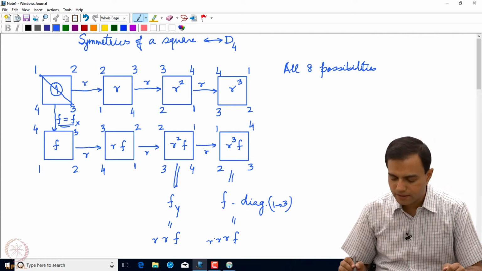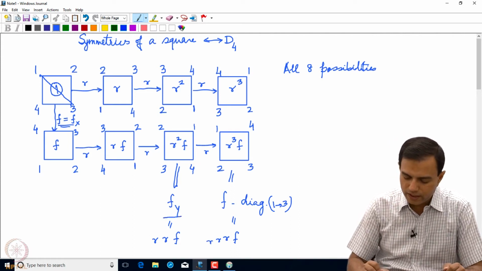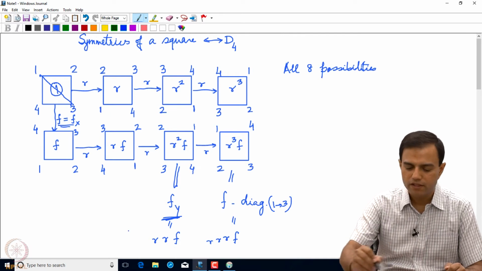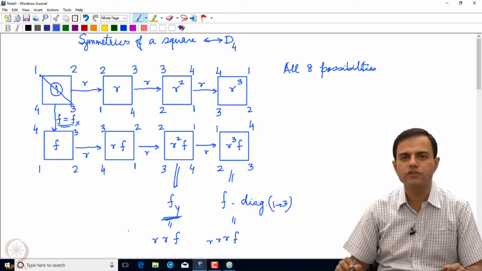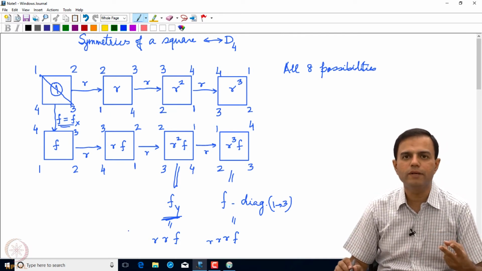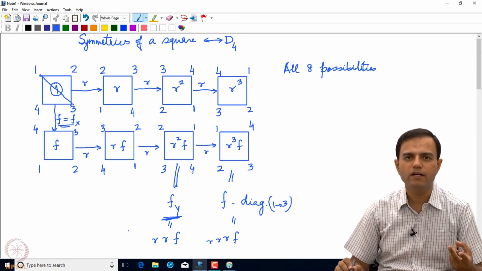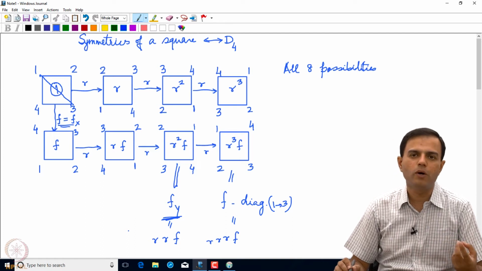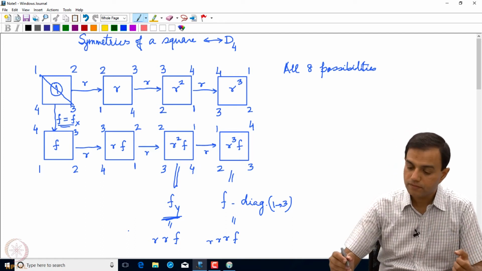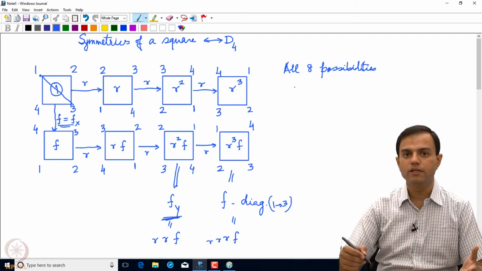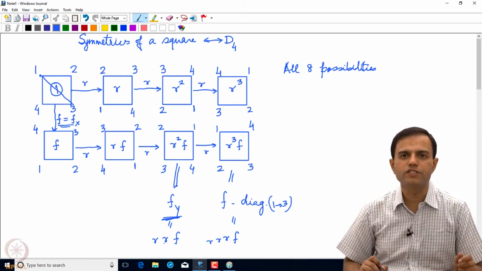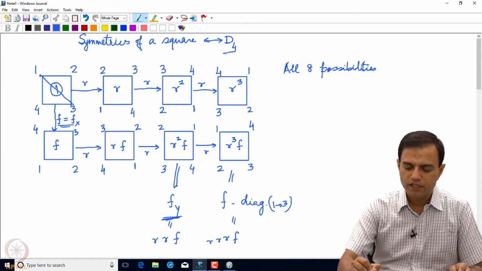So in that sense, you can obtain Fy from r and f. In fact, all these 8 elements are generated by just 2 elements, f and r: rotation by 90 degrees in the anti-clockwise direction and flipping about the x-axis. And that's how we start calling f and r generators for the group D4.